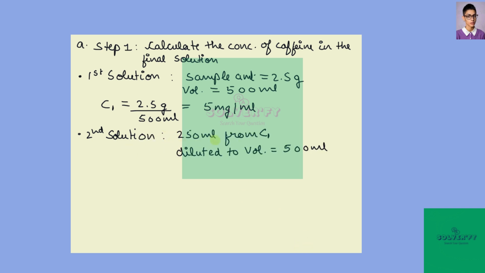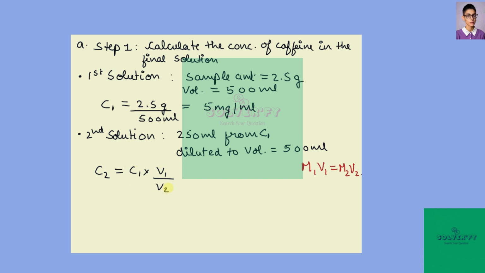So for the second solution, the concentration, let it be C2, is equal to C1 into V1 upon V2, since M1 V1 is equal to M2 V2. Using this formula we can calculate C2.